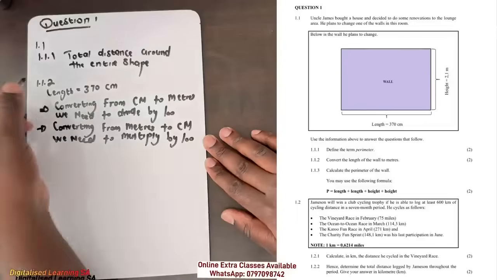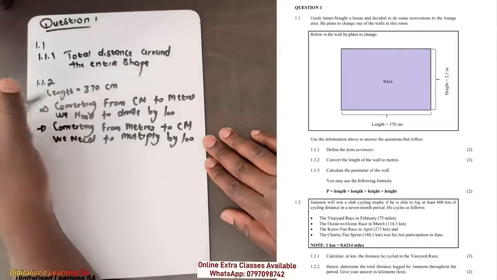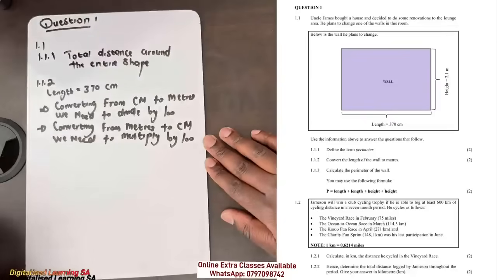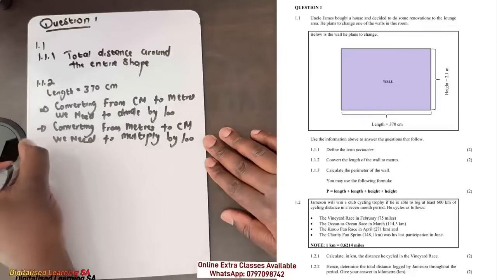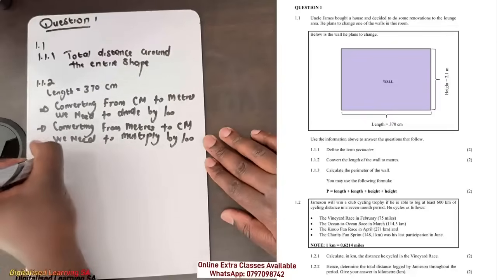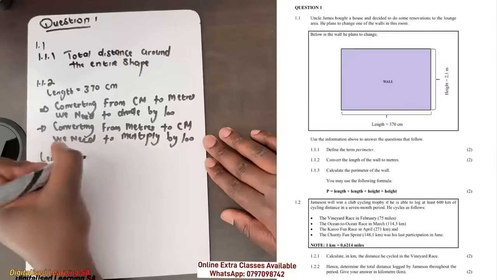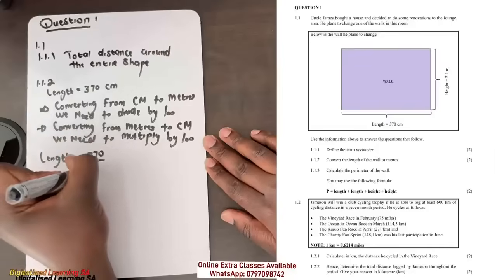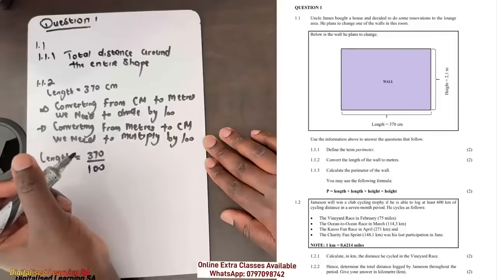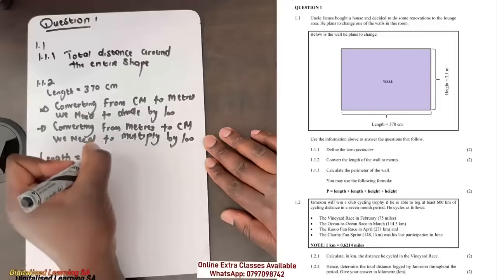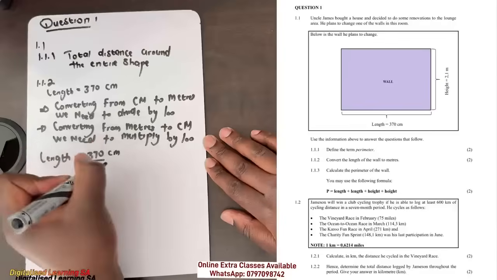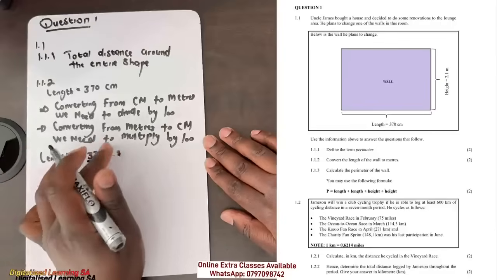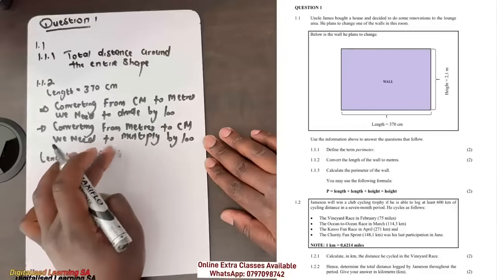Okay, so in this case, we are converting from centimeters to meters, meaning that we are going to divide by 100, meaning that our length is going to be 370 divided by 100, and our answer will be in meters. We can just remove the centimeter.